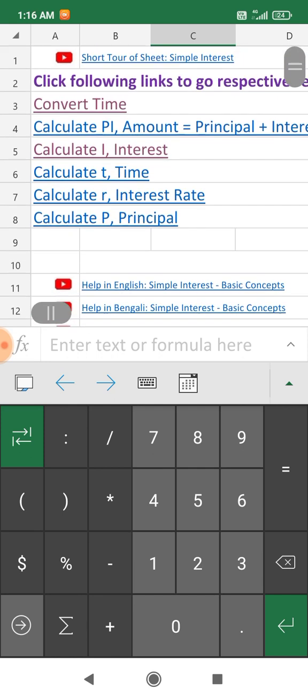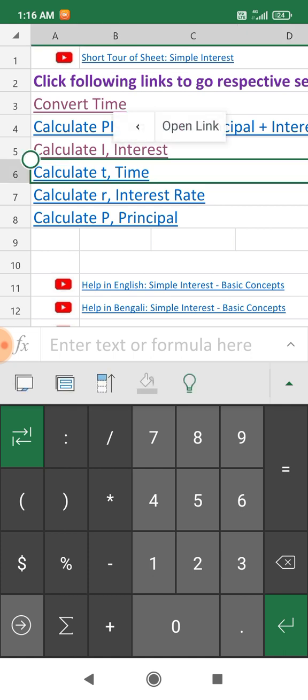Now, in your question, you have to calculate time t. This is not converting t. That means calculate time t.